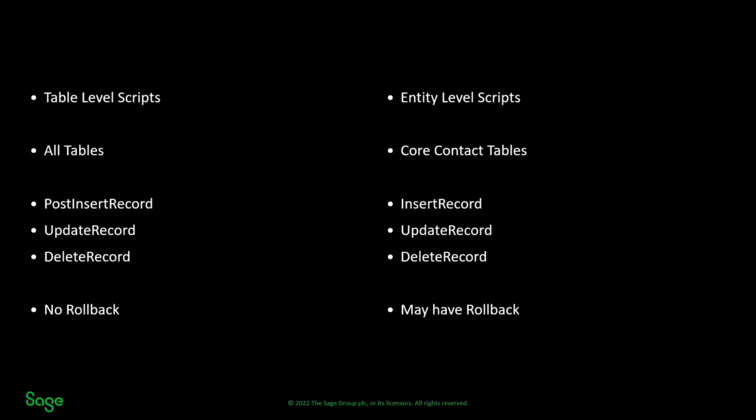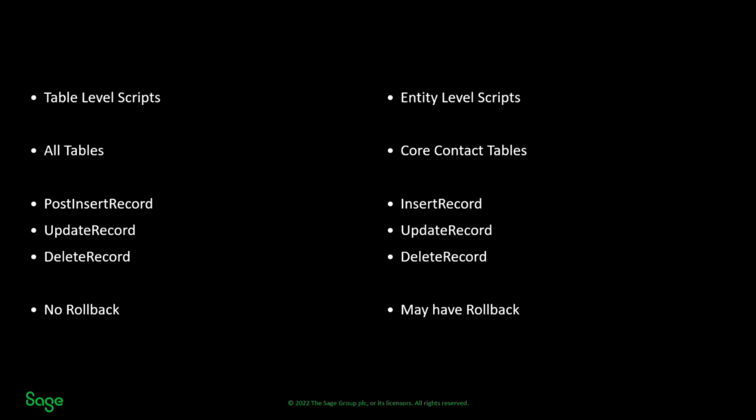Entity level scripts only work on those core contact tables, and then you're working with different main events. So a post insert record is what is used for a table level script. It would be the insert record for an entity level script, and so on. So you've got both able to do the update record.